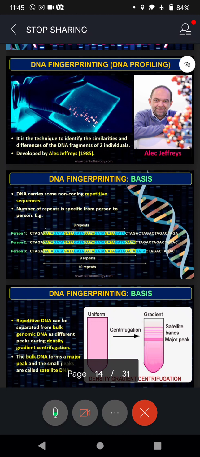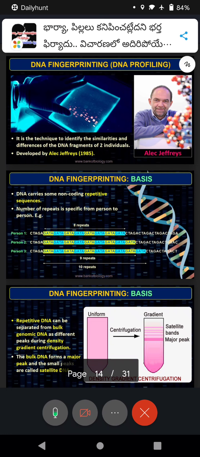That means there is a direct contribution of biology towards social issues, society problems. Even biology can help the police department. How is it done? Through this technique, DNA fingerprinting.